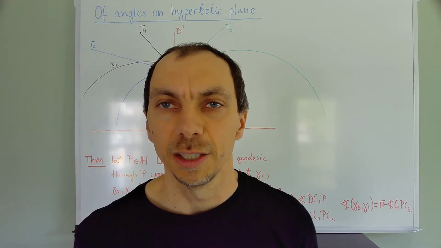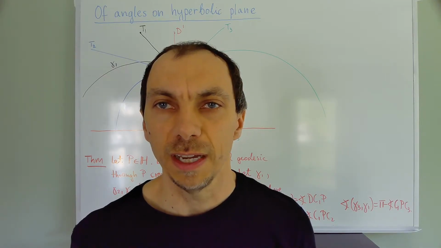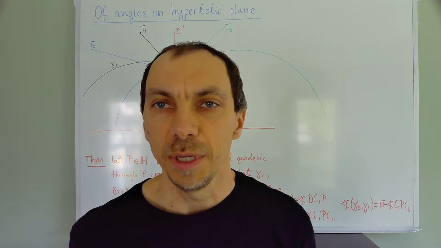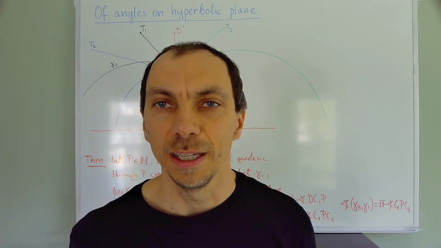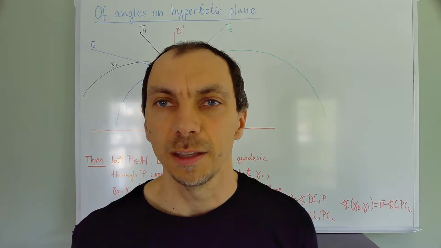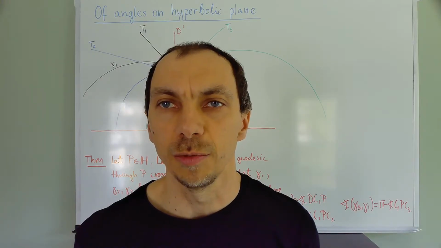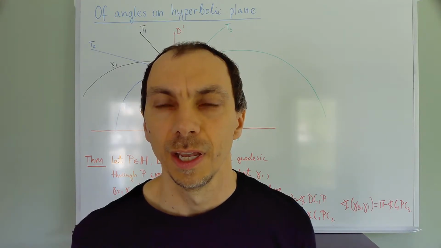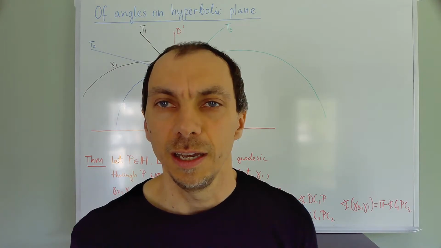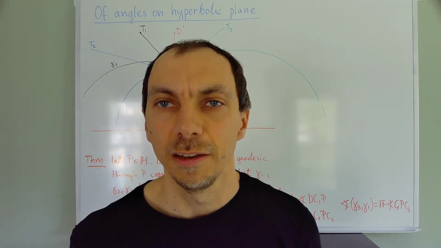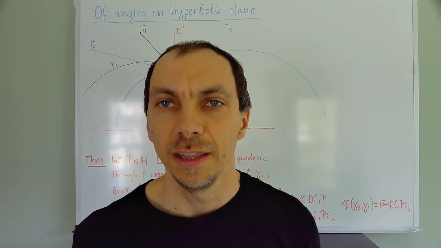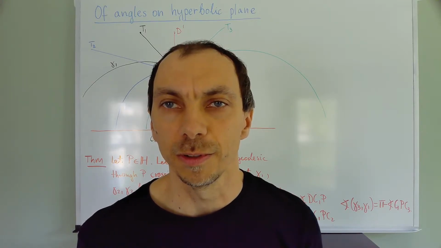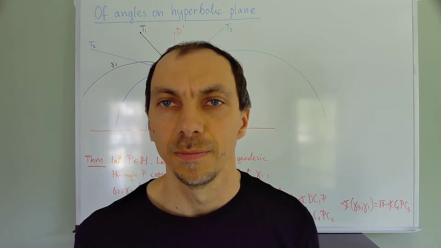You know that the dot product between two vectors, A and B, is given by the length of A times the length of B times the cosine of the angle between these two vectors. So if I give myself a dot product, then I can read off the angle from that dot product.